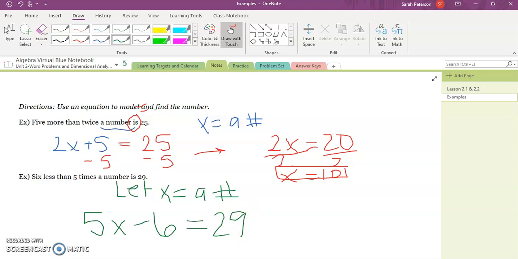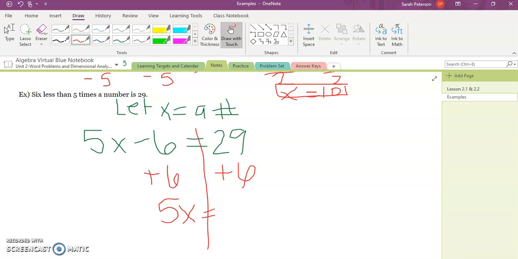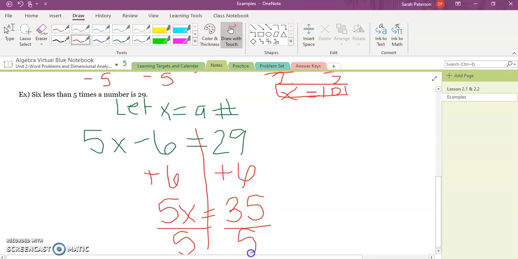Anytime you see that word is, that's an indication that you're going to have an equal sign there. Then if I go ahead and solve this, I can add 6 to both sides. I get 5x equals 29 plus 6, which is 35. Divide by 5, and I get x equals 7. So that is the number.